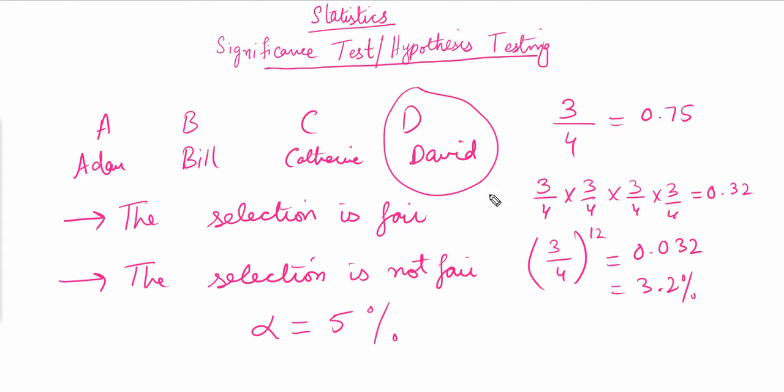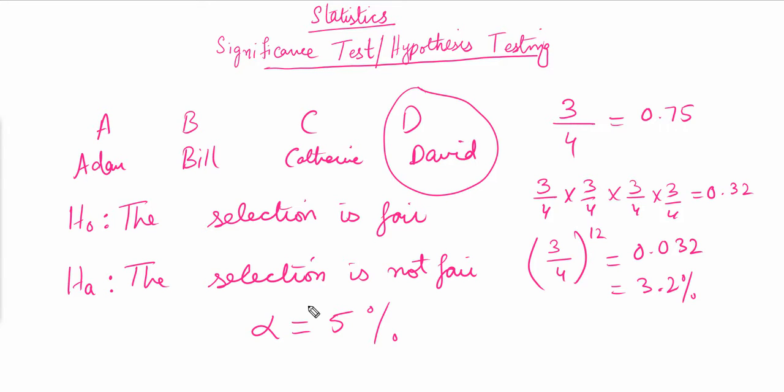The initial assumption that we have taken, that the selection is fair, will be considered the null hypothesis. We can mark it with H0. The null hypothesis says that the selection is fair, and the alternative hypothesis is that the selection is not fair.